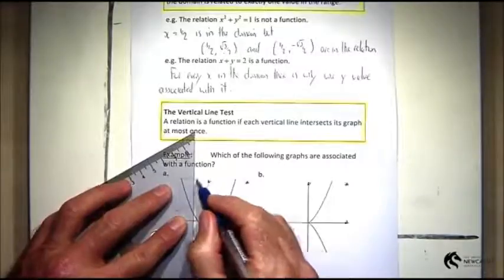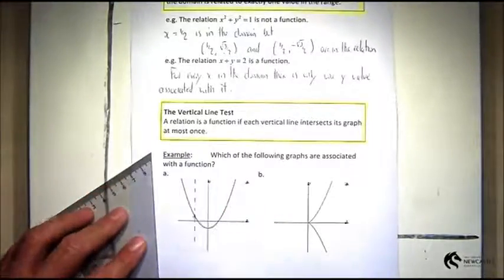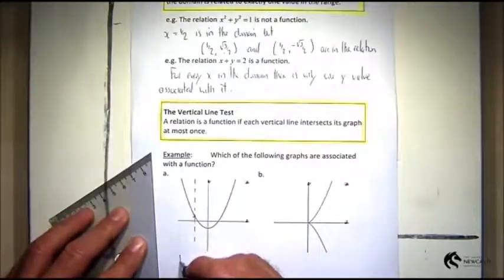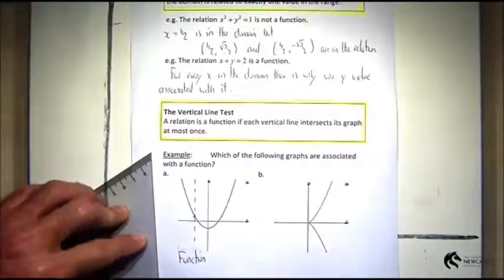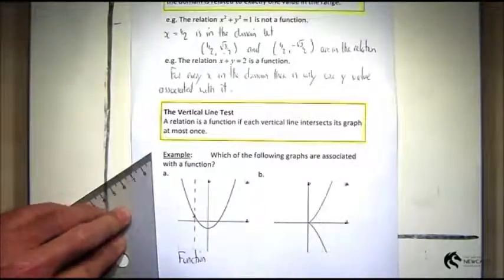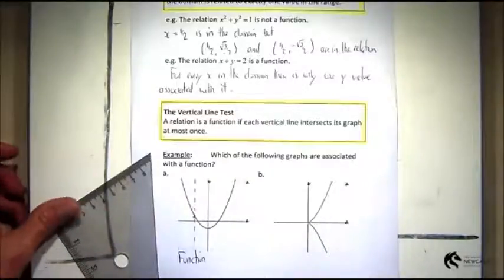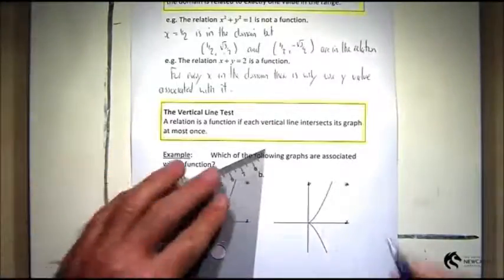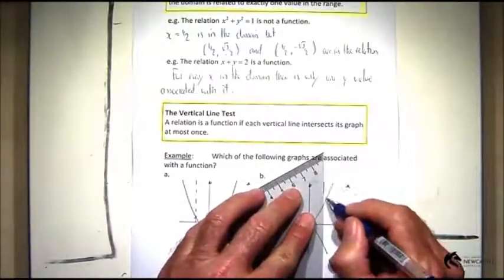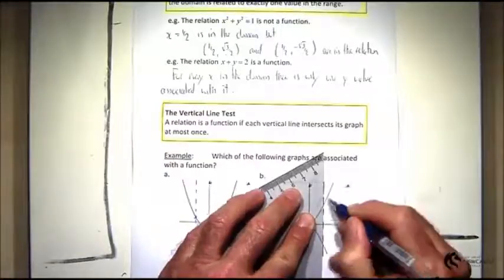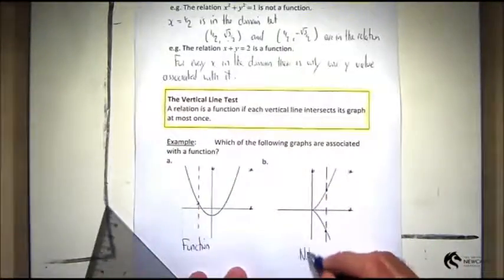But it doesn't matter which one I draw, it cuts the graph just once, so therefore this one is definitely the graph of a function, or something that I can interpret as a function. Whereas for this set of ordered pairs over here on the right, if I draw a vertical line here, we can see that it cuts the graph more than once, and so this one is not a function.